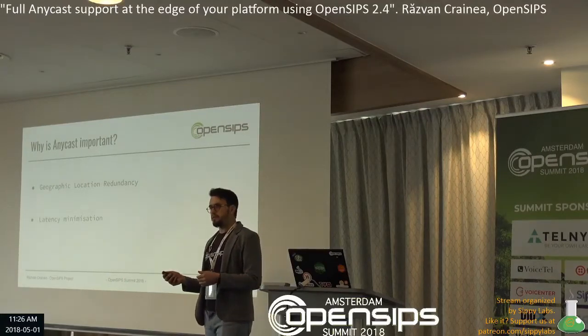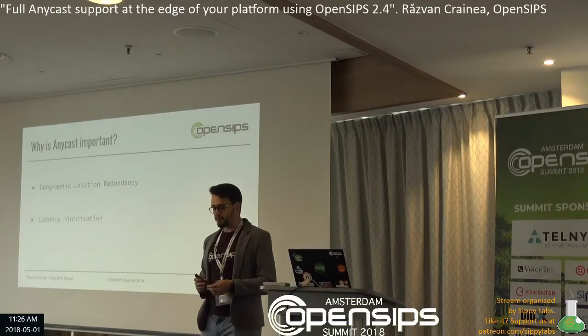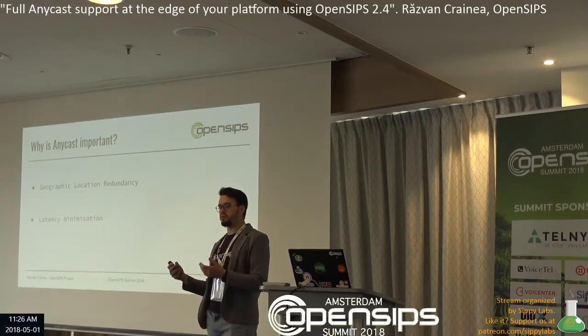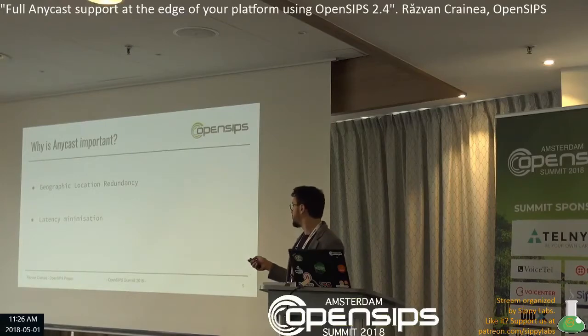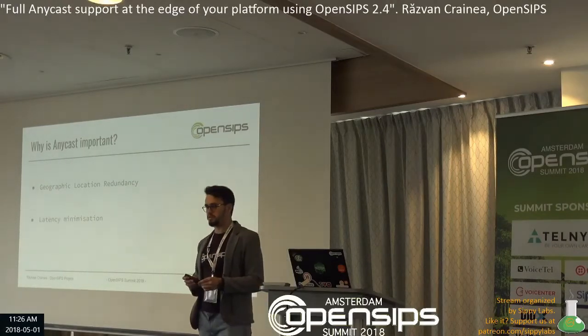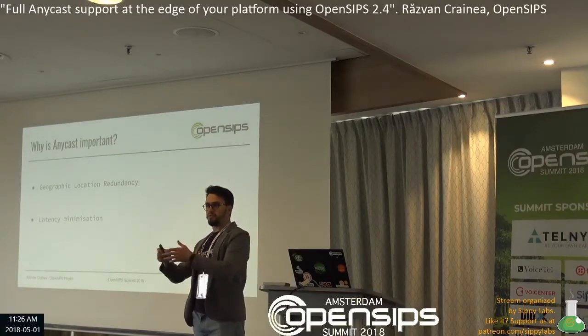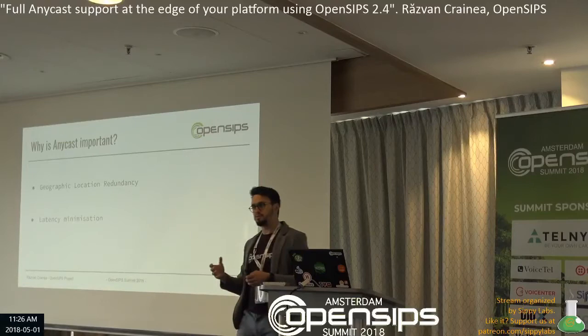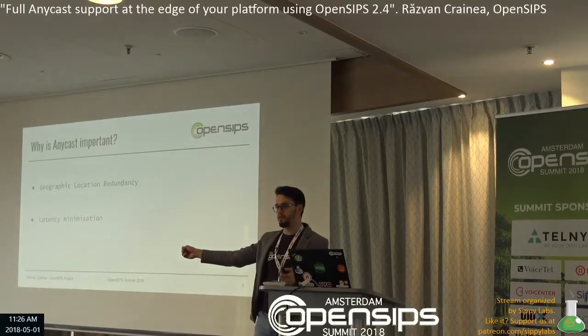Another thing that can be easily obtained is geographic presence of your servers. You can easily minimize the latency towards your server. For example, if you have a bunch of customers that you really want to offer good quality, just set up a server near them.